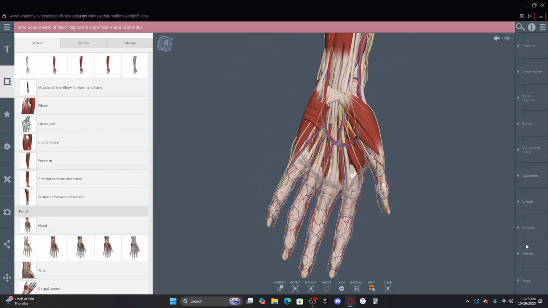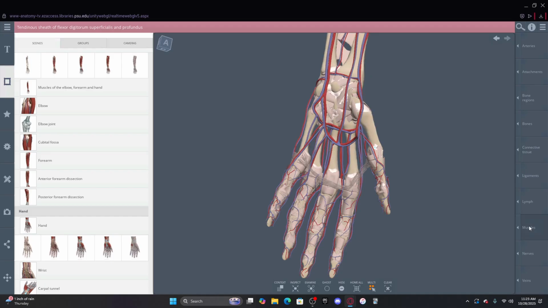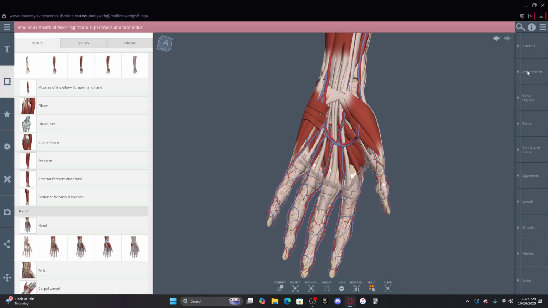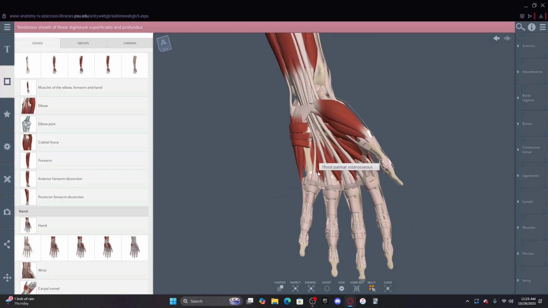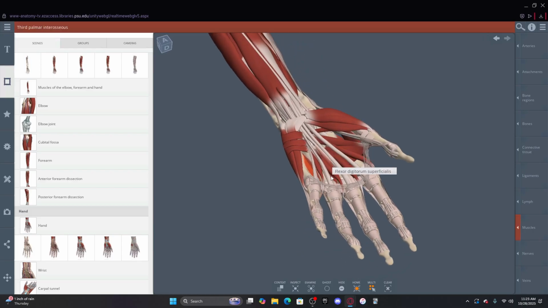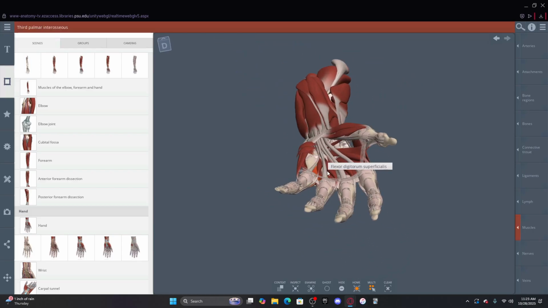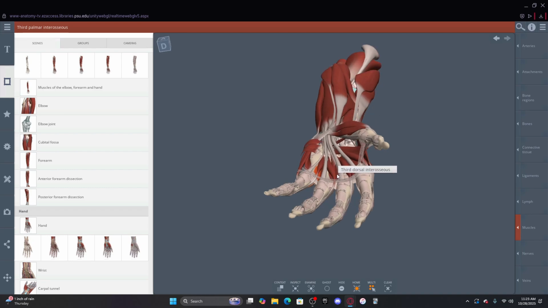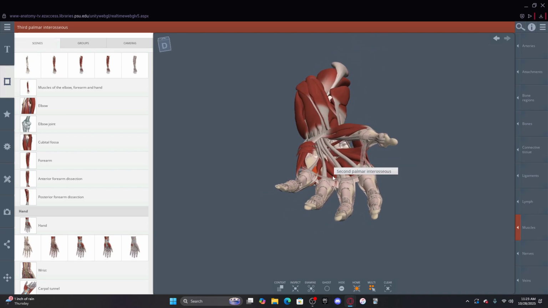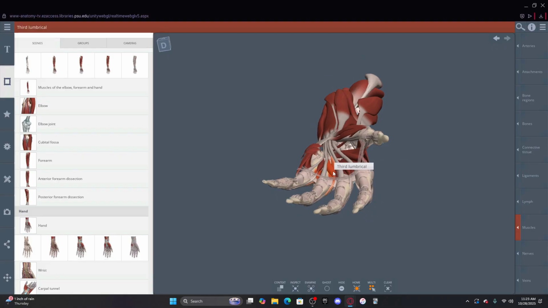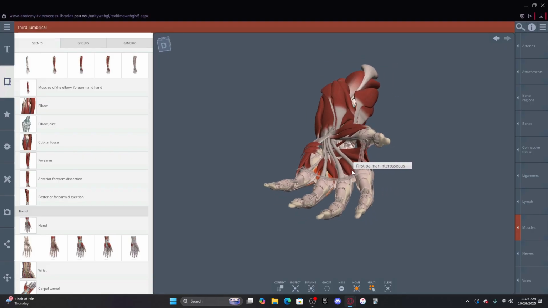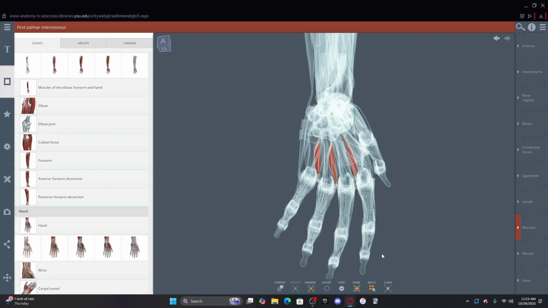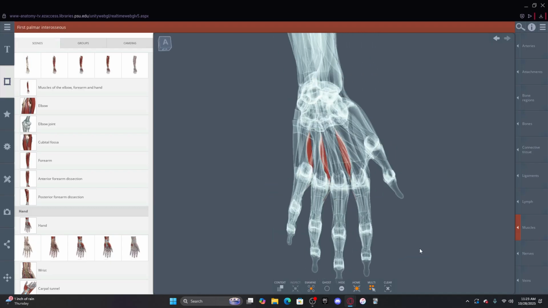Let me just remove the nerves. There we go. Okay. So we have three palmar interossei.